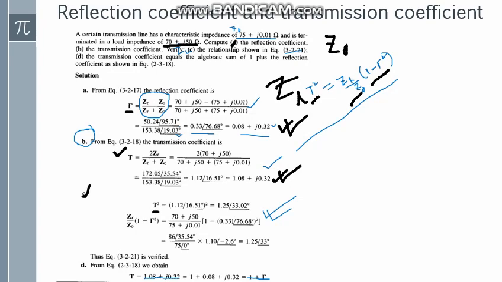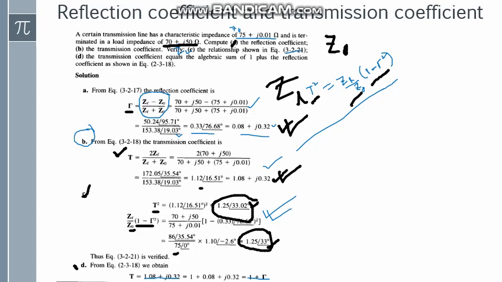After squaring it, we will get this, and then ZL by Z0 times 1 minus gamma square. We just calculate it, put the value, and we will get the value from here. So the two values are quite the same. Thus the equation is verified.